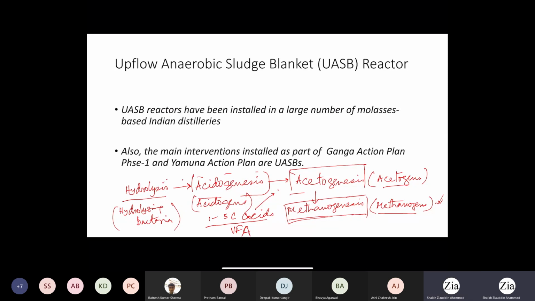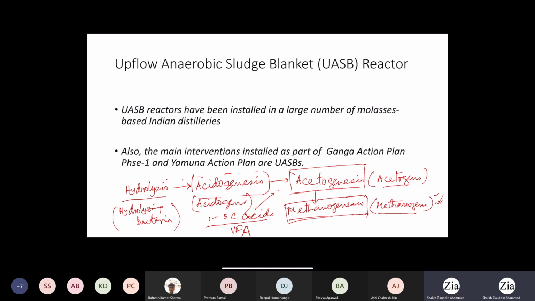So if you have any issue with toxicity, the most affected community will be methanogens. And when you get a lot of H2S production, it will affect methanogens activity. So whenever you have inhibition of methanogens activity, you will have accumulation of acetic acid because it will not get used up by the methanogens, because methanogens are not active.